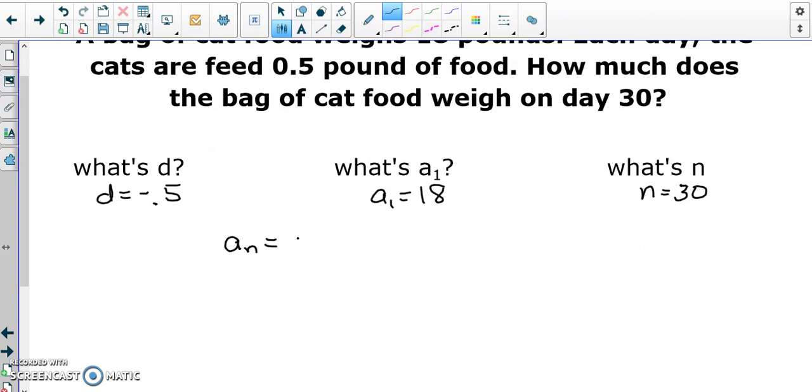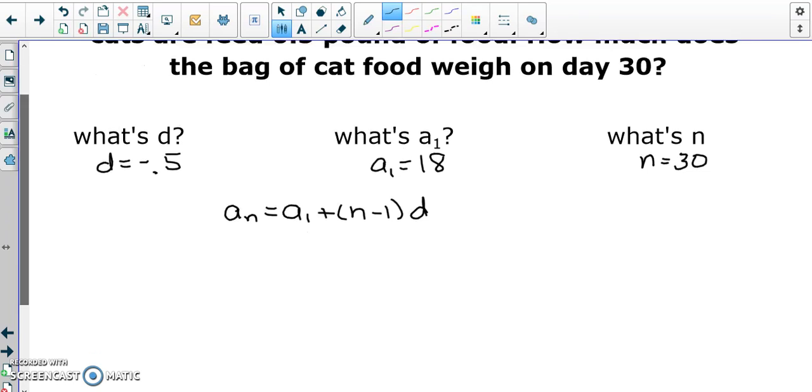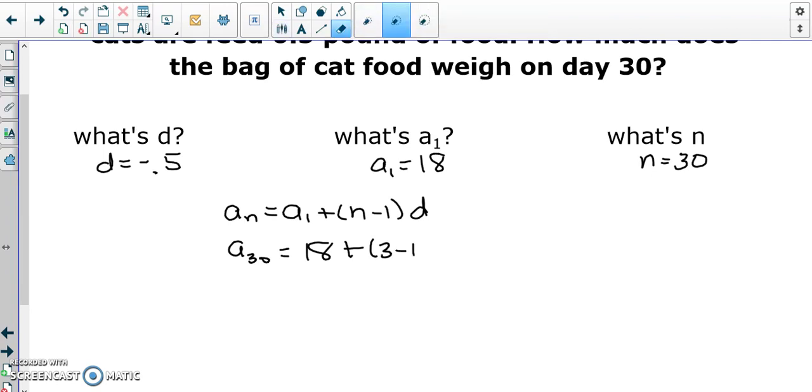Now once we know those values, go to our formula. A sub n equals a sub 1 plus n minus 1 times d. And then fill in the values. So a sub 30. A sub 1 is the amount we're starting with, which is 18 pounds, plus 30 minus 1 times d, which is negative 0.5.